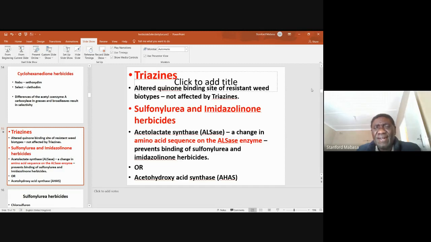Now, a change in amino acid sequence on this enzyme can prevent the binding of sulfonylurea and imidazolinone herbicides. And of course, this can result in selectivity. The other name for the acetolactate synthase enzyme is acetohydroxy acid synthase, AHAS.